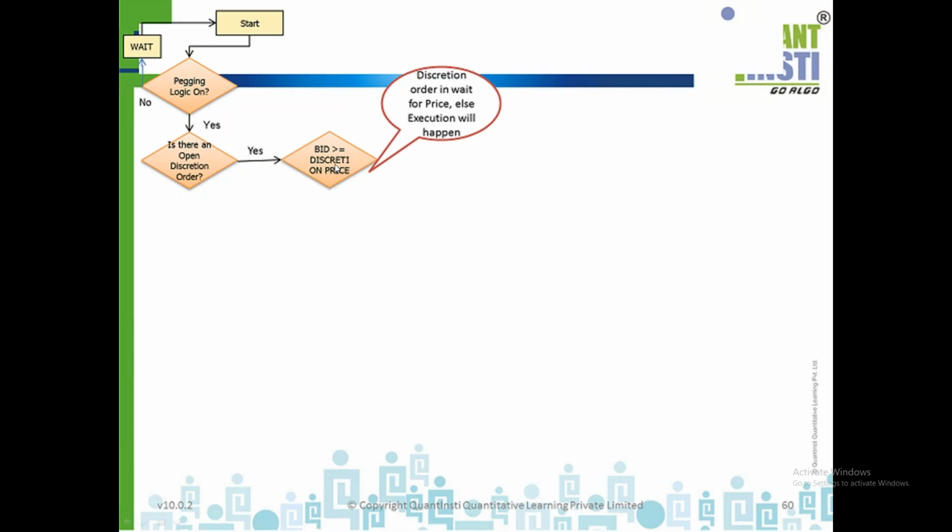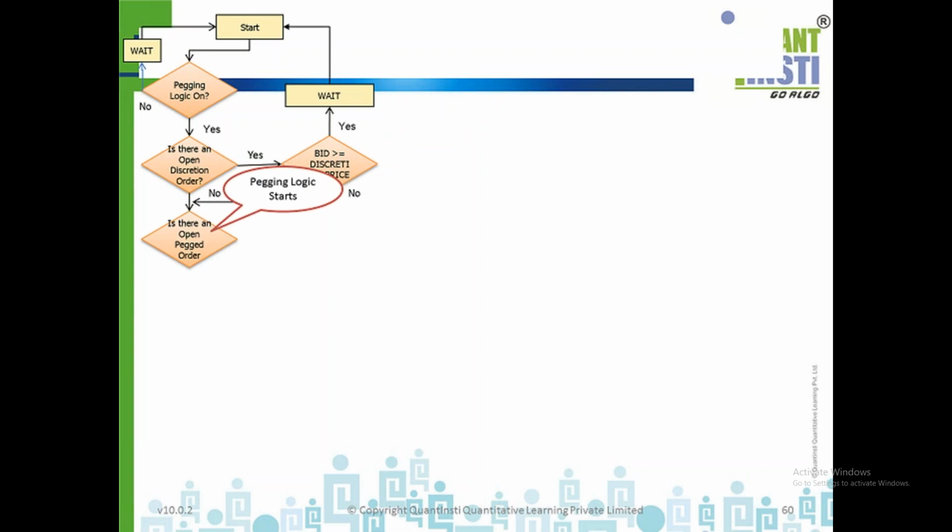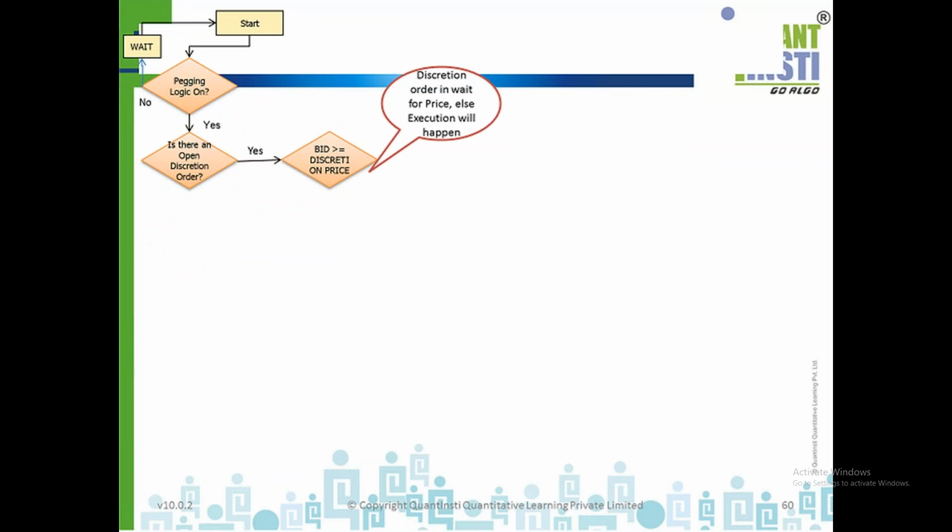I mean, can it get executed, yes or no? So, if the bid price is greater than the discretion price, right? This is actually not the bid, this is the bid-ask. So this is the spread. If the spread is greater than the discretion price, do you immediately want to get it traded, yes or no?